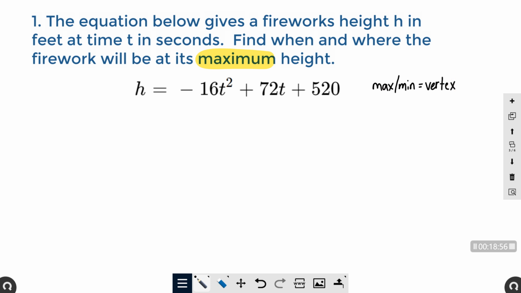What form is this one in? It's in standard form. So look in that column. Standard form, vertex. What do we do to find the vertex? Good. We find x equals opposite of b over 2a. So what's the opposite of b?